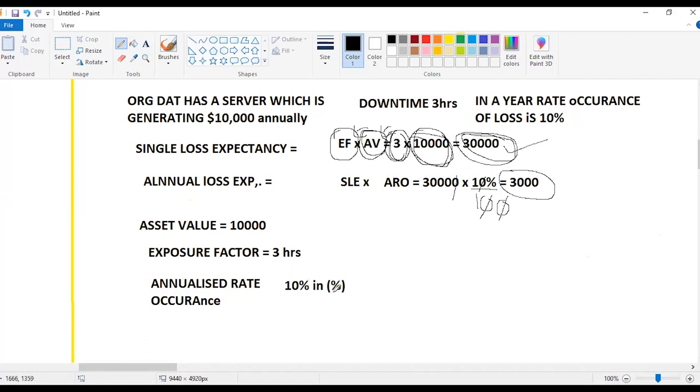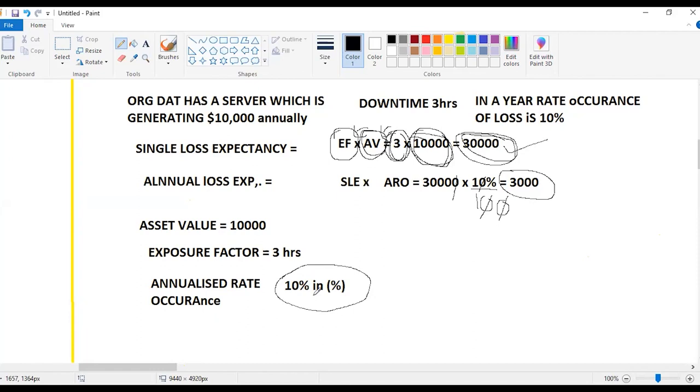So that's why you asked us about the ARO, right? You faced it 10%. Let's say your server faced downtime twice in this 10%.